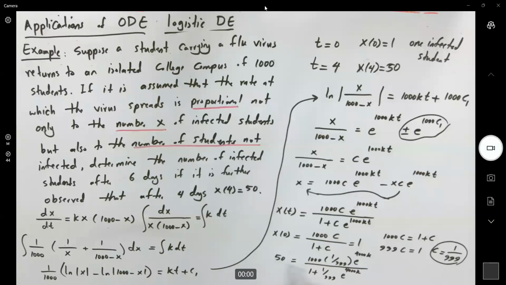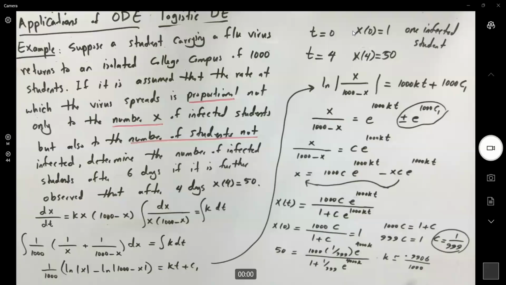So here you have 50. So the constant of proportionality becomes, let's see, what is k approximately? This is going to be a decimal number. So by doing the calculation using our calculator, this is our k that we get.